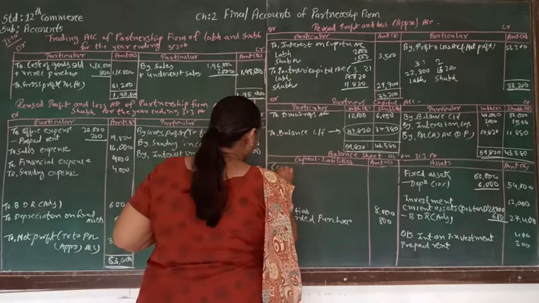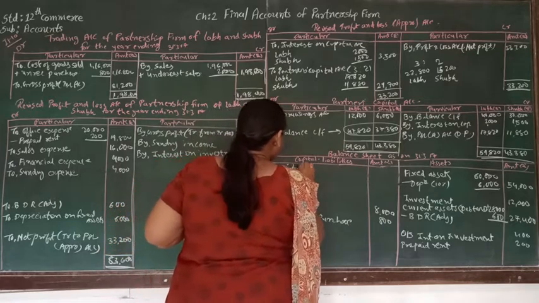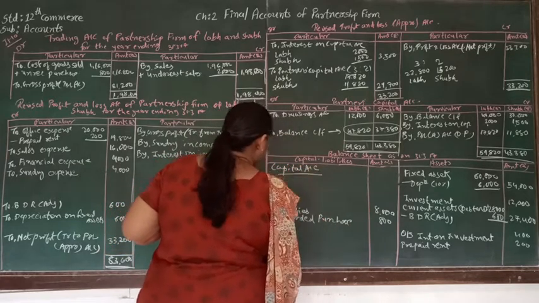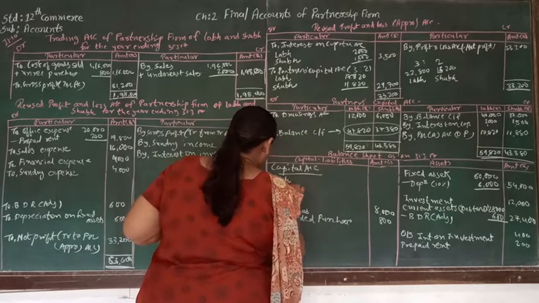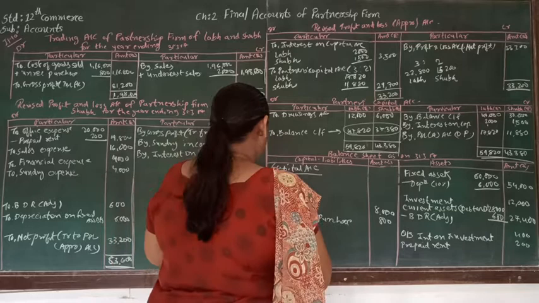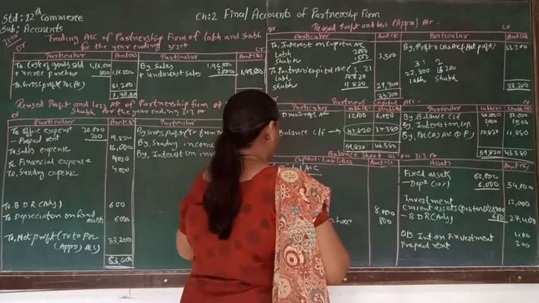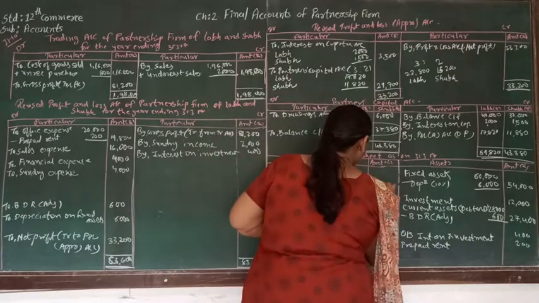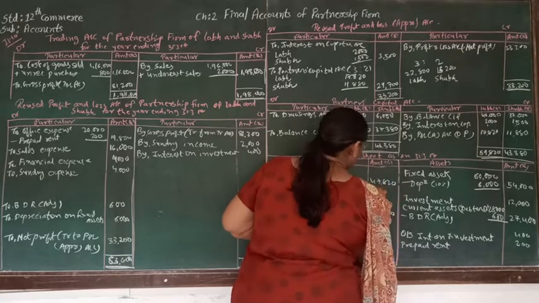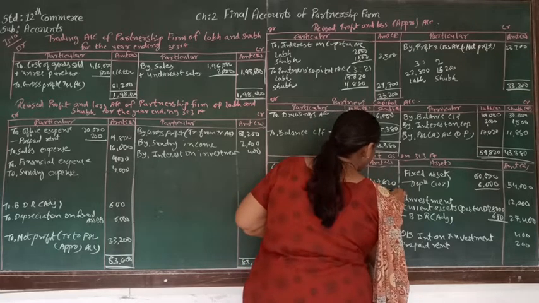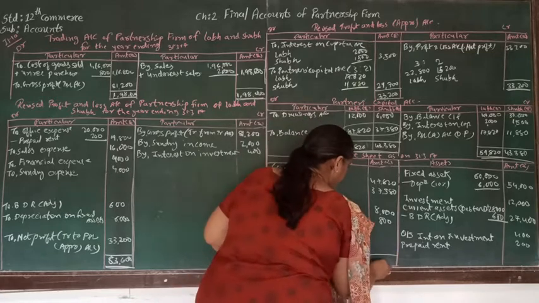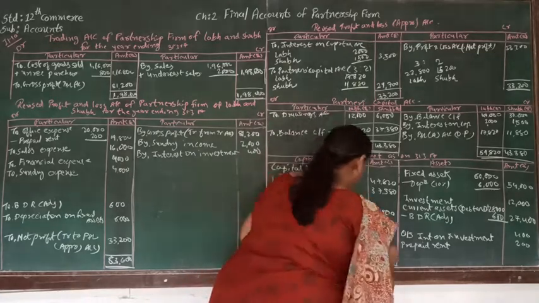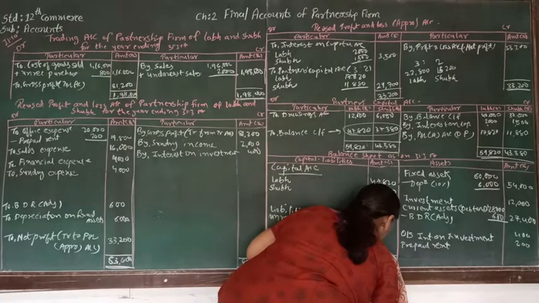That is going to be in the balance sheet, capital account of Love and Soup. So we are going to write 47,820 and 37,380 and 8,800. So the total of the capital side will be 94,000.